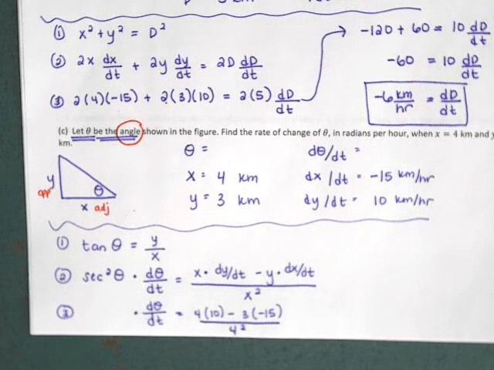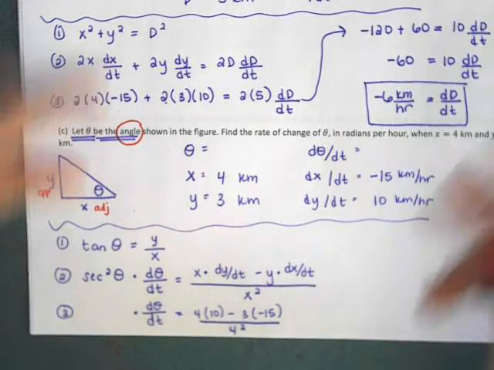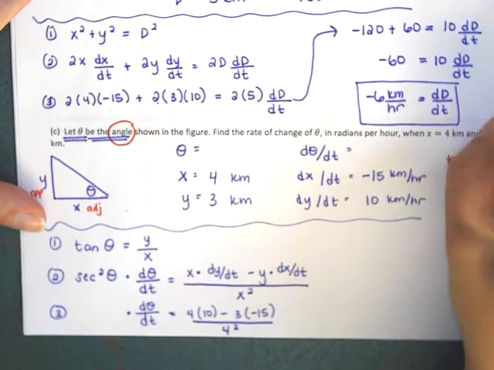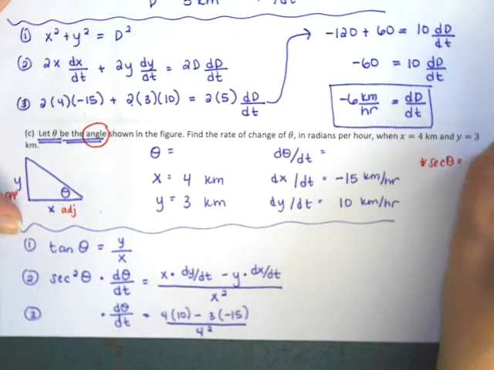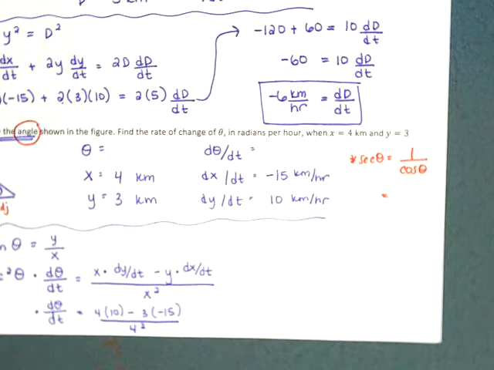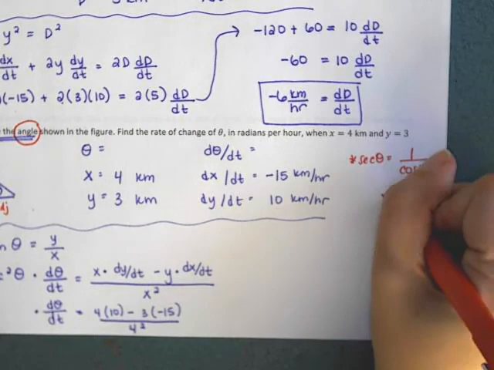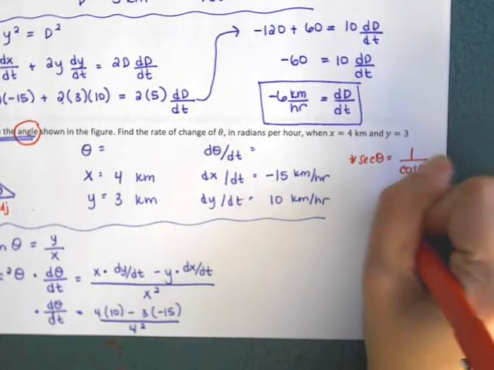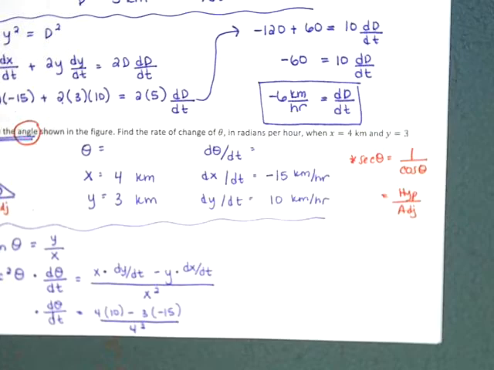Now, secant of theta, how can you possibly do this without a calculator? How do you find secant? Well, as a side note, let's make a note. Secant is 1 over cosine, which means instead of cosine, which is adjacent over hypotenuse, it's going to be hypotenuse over adjacent.